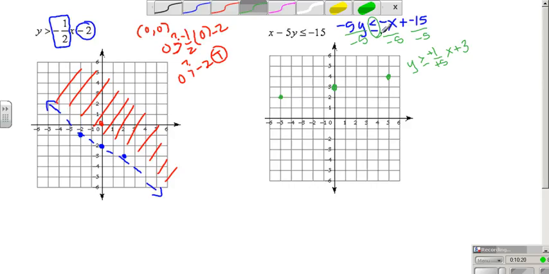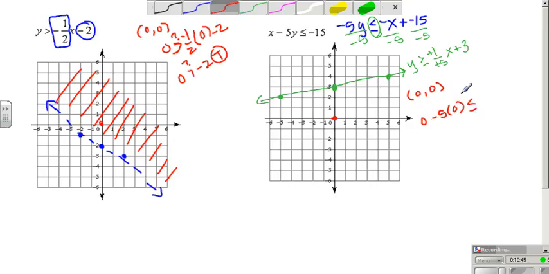It's a less than or equal to, greater than or equal to type problem, so I have a solid line. Now to figure out which side to shade, let's test again with 0, 0. We're trying to determine if that point right there makes it true or false. I'm always going to go back to my original. I'm going to say 0 minus 5 times 0.